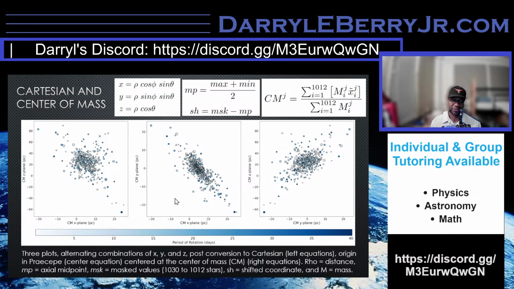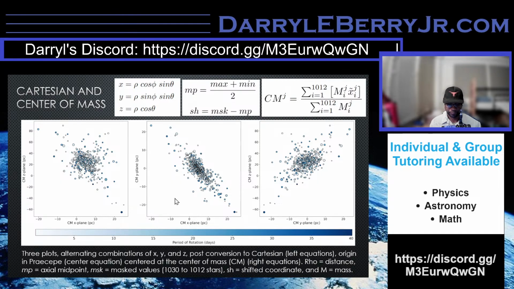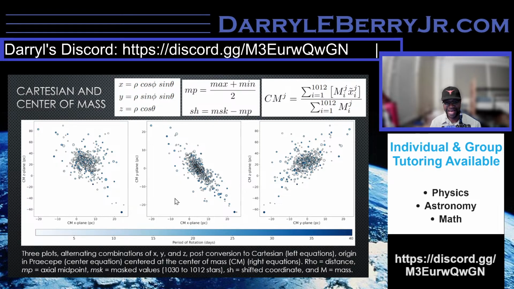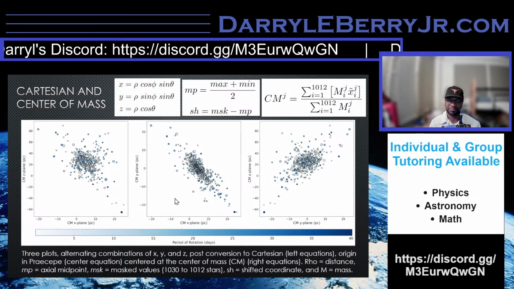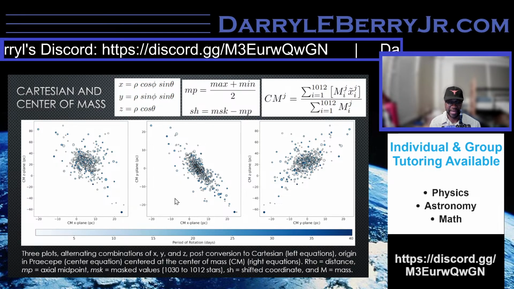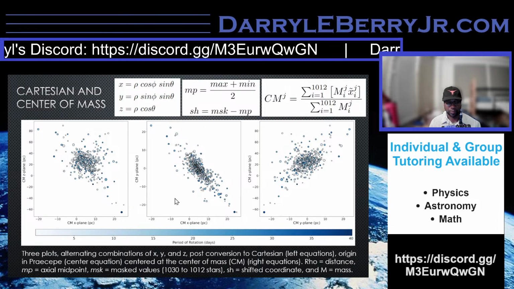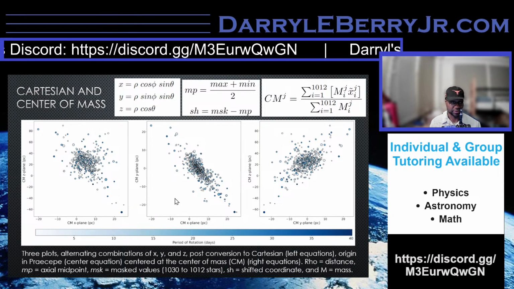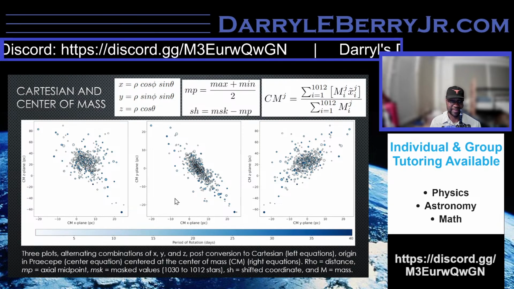So I reverted back to just the regular approach. Basically, I just visually looked at the middle of the axes and picked that point to be the center origin of the x and y axis, and that actually worked better for my analysis. But you can see at the top the actual equations that I utilized to get the center of mass.